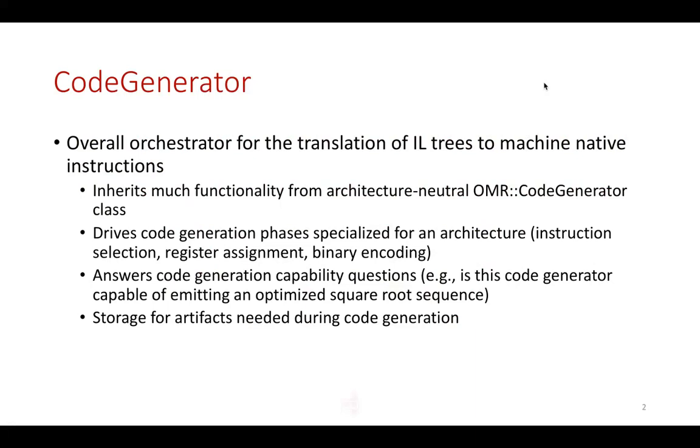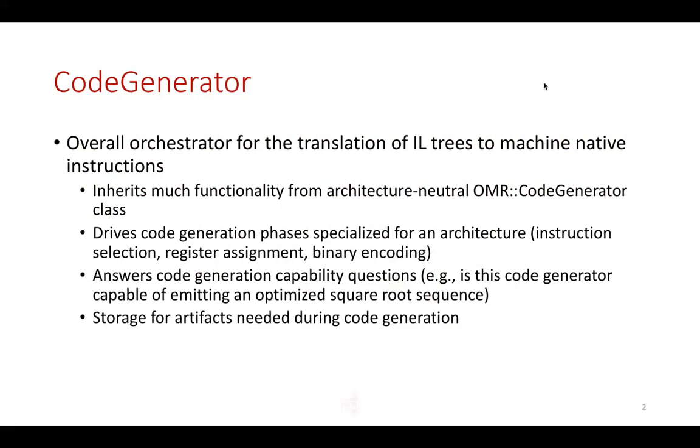As I said, it really inherits a lot of functionality from the class above it. If you go and look at the OMR code in the codegen directory, codegen/OMRCodeGenerator.hpp, you'll see that it's got an awful lot of functions in there. There are some comments in there that try to carve that up into different sets of tasks.